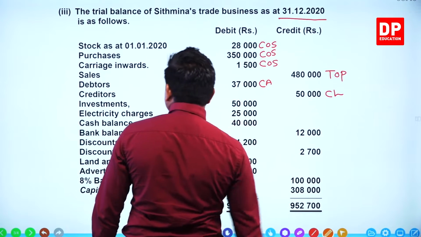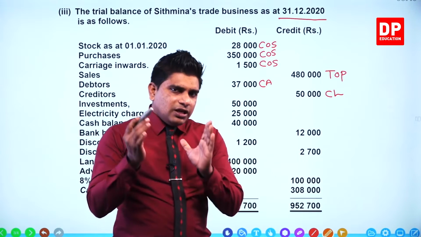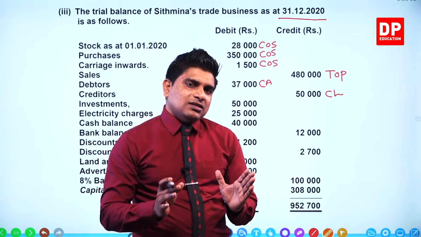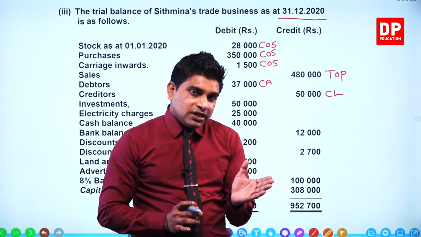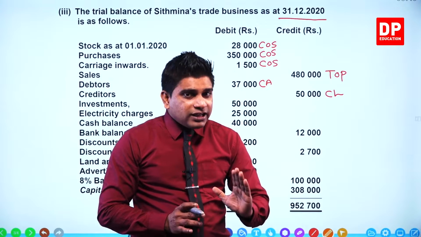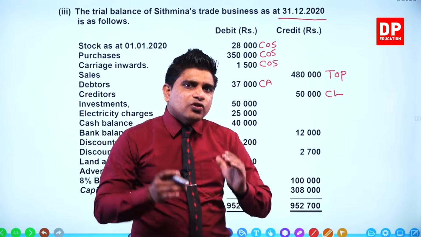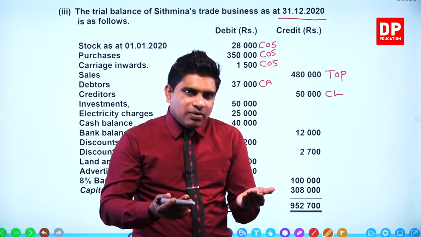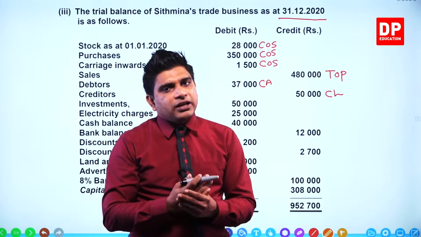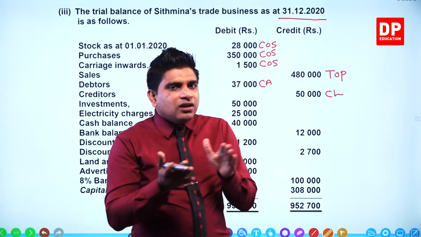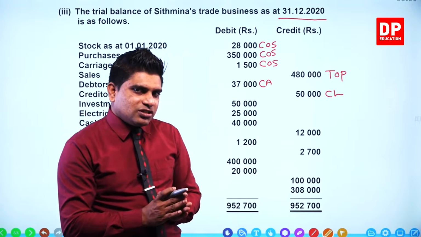Investment is an asset, but not tangible, it is an intangible non-current asset. Intangible means you can't see, you can't touch, but it's an asset, like a fixed deposit. Where do you write it in the statement of financial position, between non-current assets and current assets, right?